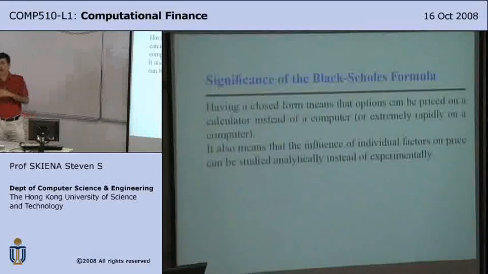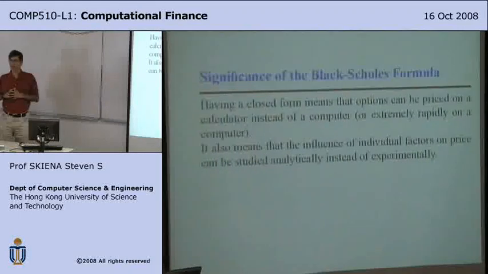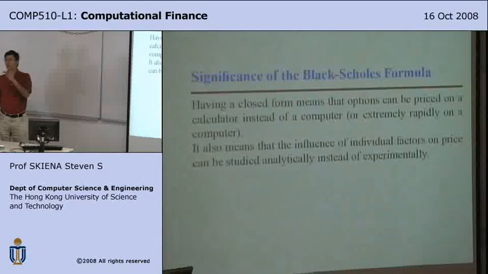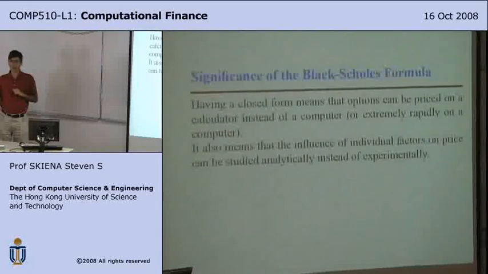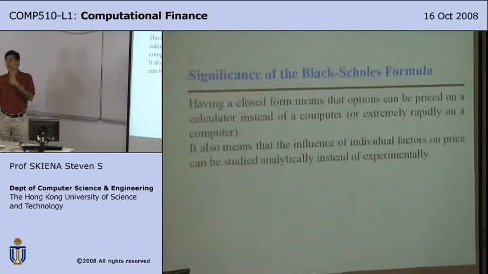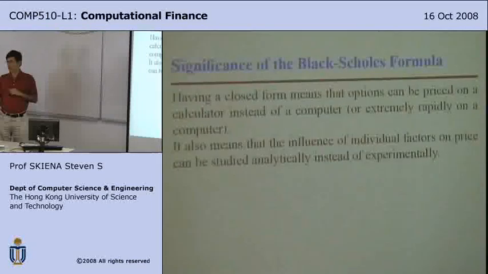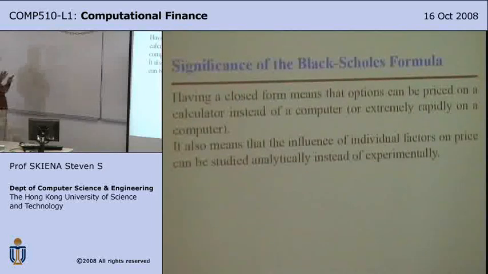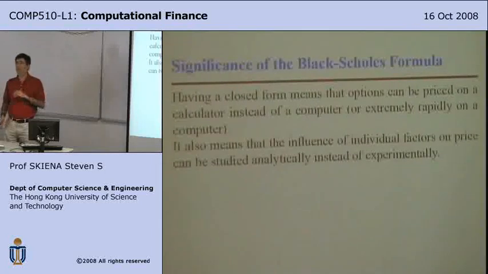So what is good about this? In one sense, if we go back to your homework assignment, what is your homework assignment going to be? You're going to be pricing options, right? And I ask you to do it two different ways: by binomial trees, and by the Black-Scholes formula, right?